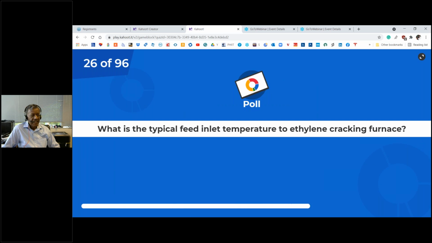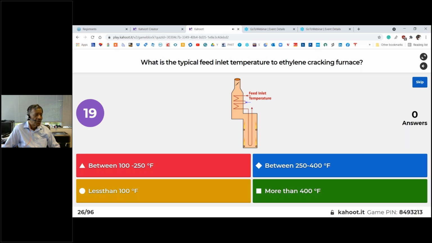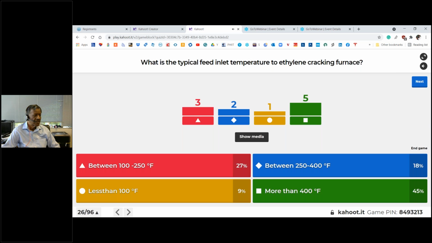So we want to see what we are feeding to our ethylene furnaces, or what temperature we are feeding the gas or liquid to our ethylene cracking furnaces. We have 4 temperature ranges over here. Most of the feedstock, so it's ranging all over the place.